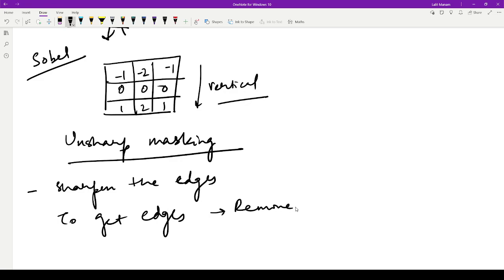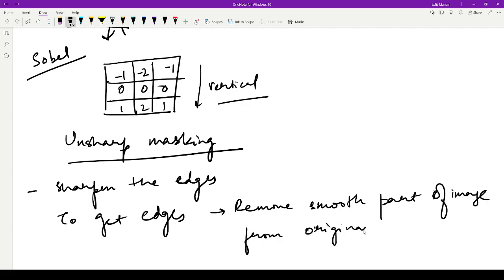Remove smooth part of image from original image. So once you remove the smooth part of the image from the original image, what happens?